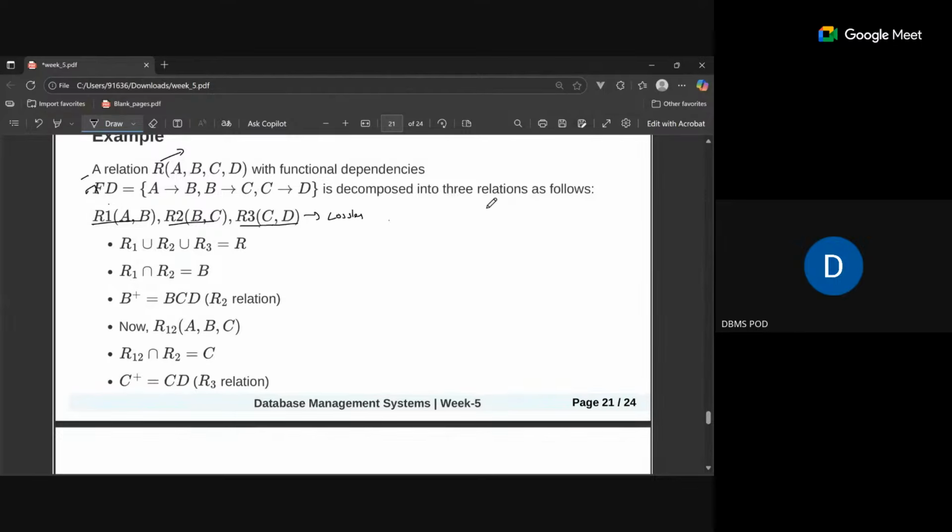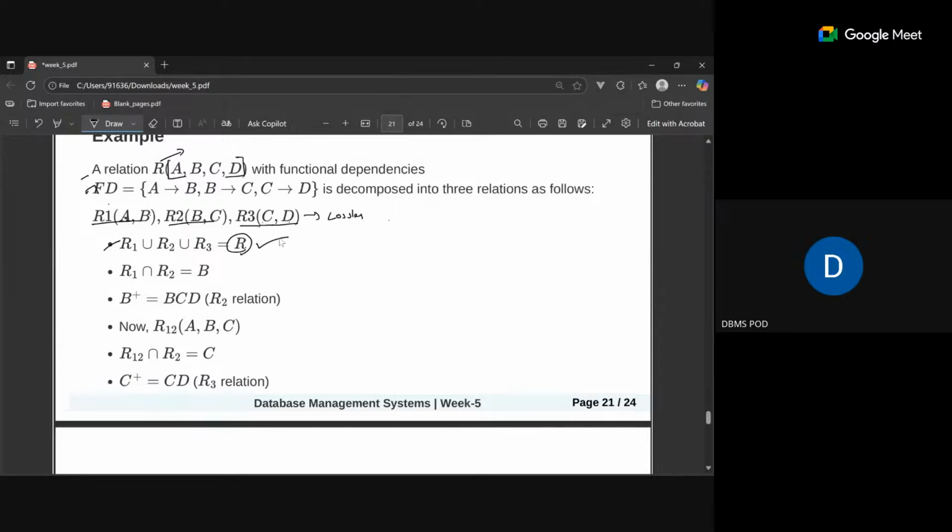So the first condition is to take a union or natural join. Better to take the union only. If you take the union of A, B, B, C, C, D, it gives all the attributes present in your R, so this condition is satisfied.